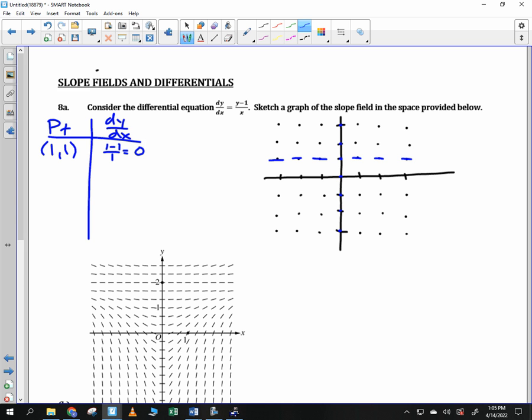Give me another coordinate that's not going to be 0. Anybody? (2, 2). So I'm going to plug in (2, 2). And when I do that, I get 2 minus 1 over 2, which is a half. So if you make a chart like that, they'll probably give you points, seeing that you're doing what you're supposed to do. That means for the point over 2 and up 2, I have a slope of a half. Give me another one that's not in the first quadrant.